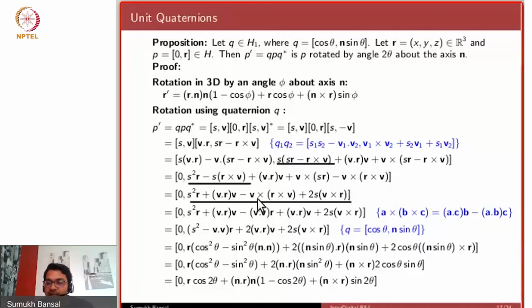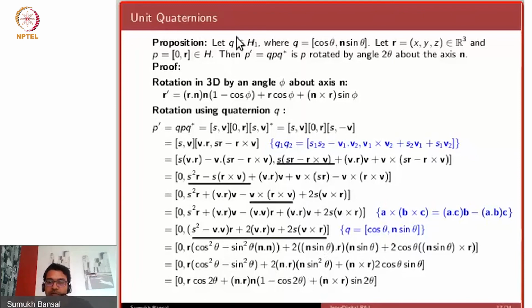Now there is a triple cross product, and if you open this, you will end up with this expression. Unfortunately, there is no physical intuition about it. It's just plain simple mathematics. You have to do it. And this is the term you get if you add similar components and simplify a bit more.